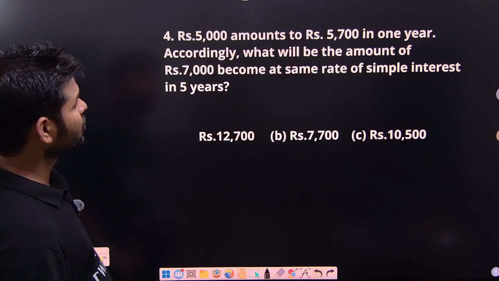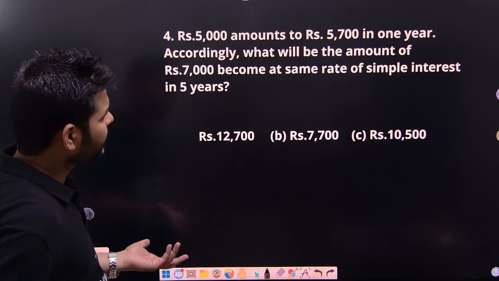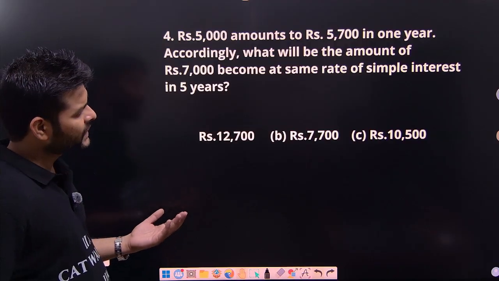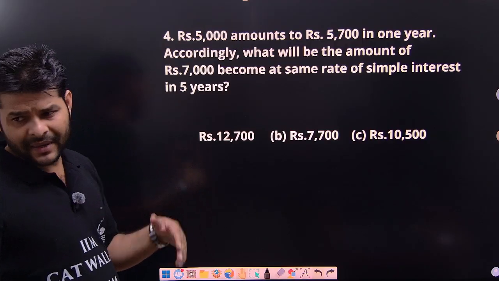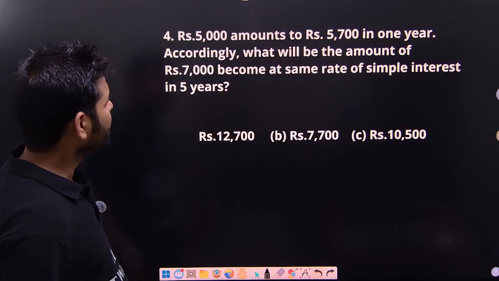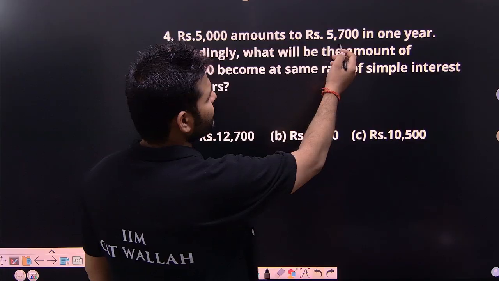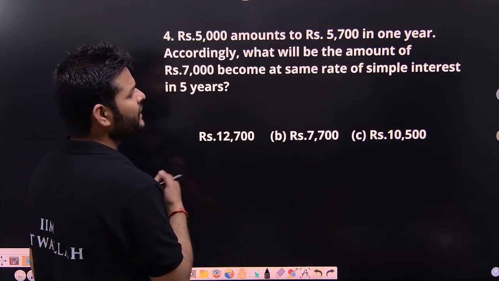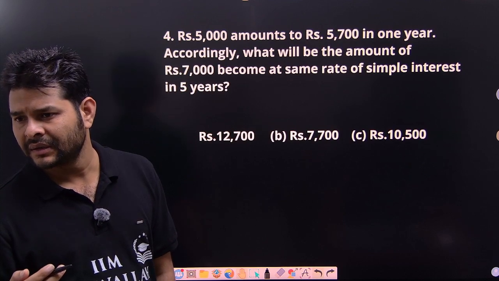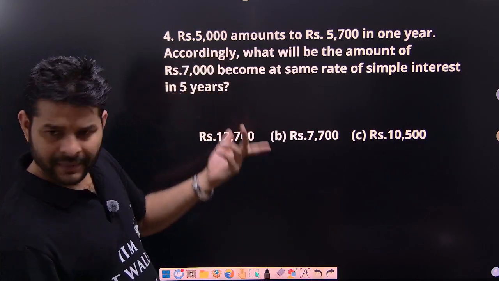5,000 amounts to rupees 5,700 in 1 year. Accordingly, what will be the amount of rupees 7,000 at the same rate of simple interest in 5 years? So basically, you need to find the rate of interest. 5,000 amounts to 5,700 in 1 year, so the SI for 1 year is 700, obviously.